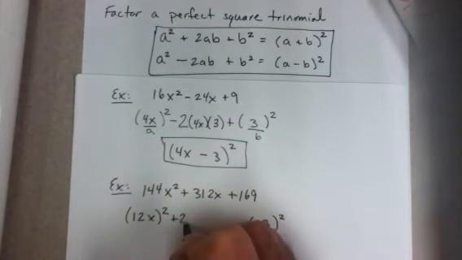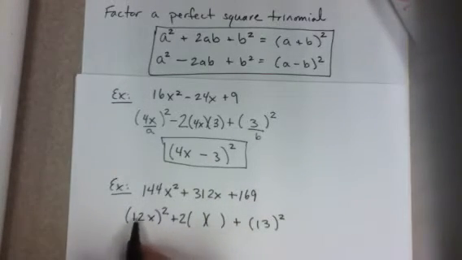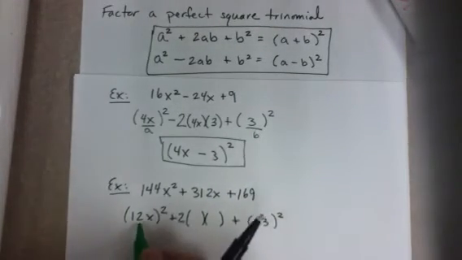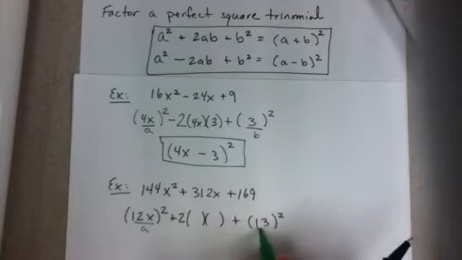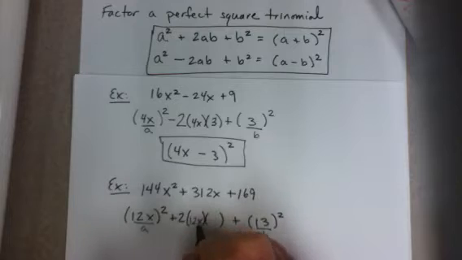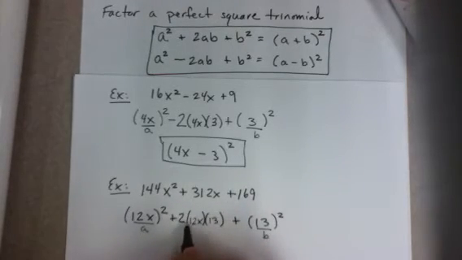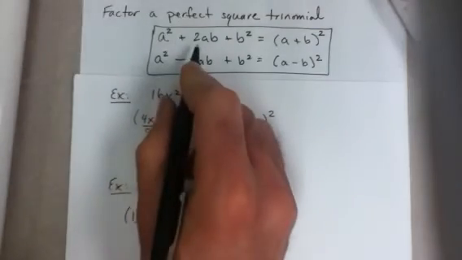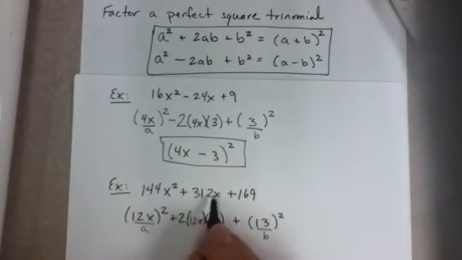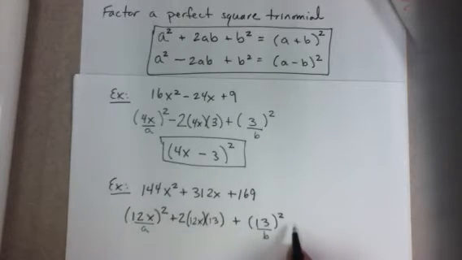So I'm going to write 2 plus 2 and then 2 parentheses. I should be able to plug what I now know as a, right here, and this as b, into these 2 parentheses, so 12x and 13, and when multiplied by 2, again the 2 coming from the formula up here, this should match this middle term. If it does, then this whole thing does match as a perfect square.